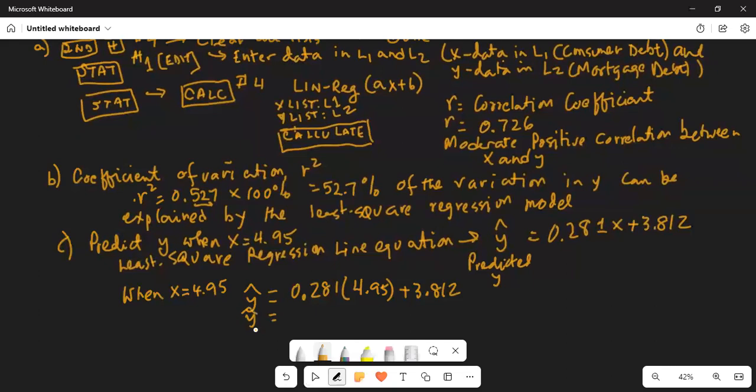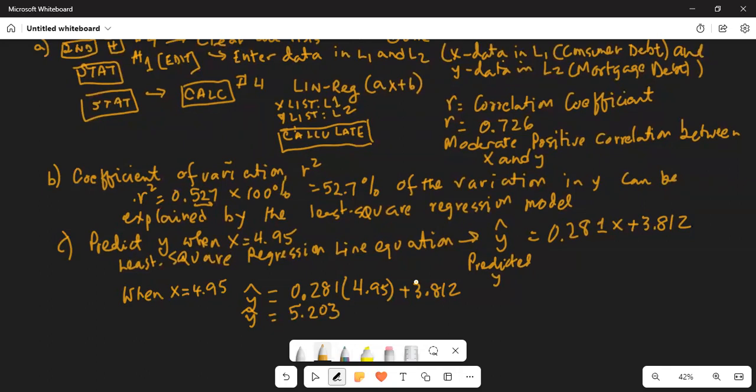I'll use my calculator: 0.281 times 4.95 plus 3.812, and the answer is 5.203. This is your predicted value of y.